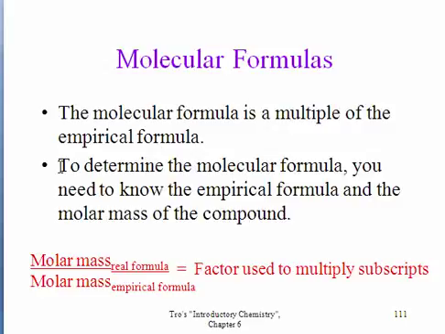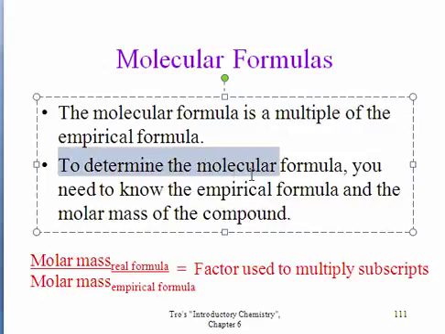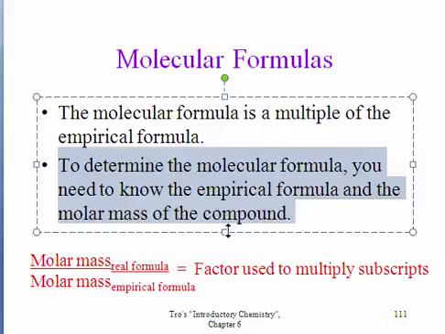To get the molecular formula, you have to know the empirical formula and the molar mass of the compound. So far, we've just been calculating the empirical formula. To get the molecular formula, you also need the molar mass, and you'll have one additional calculation to do.